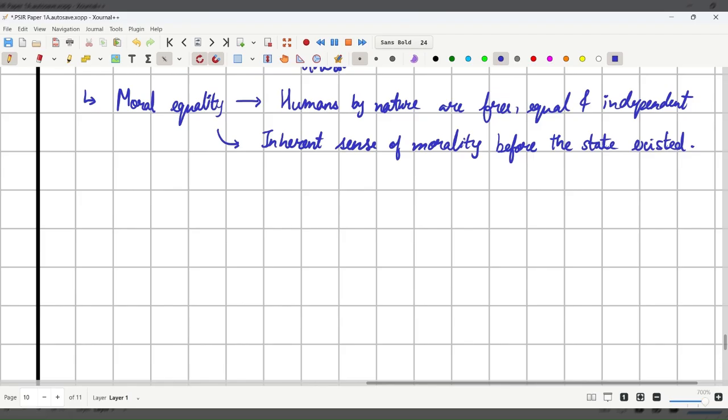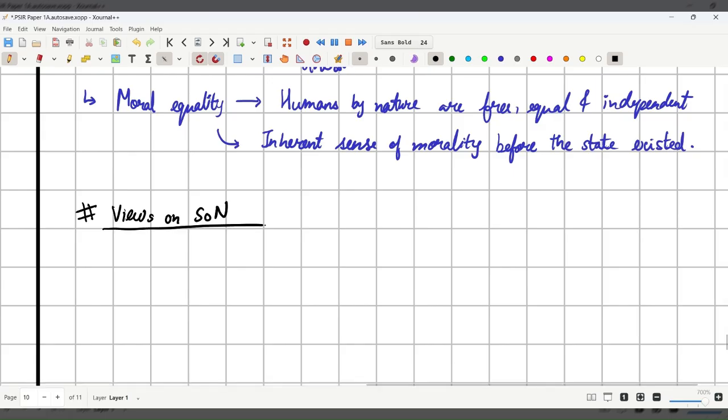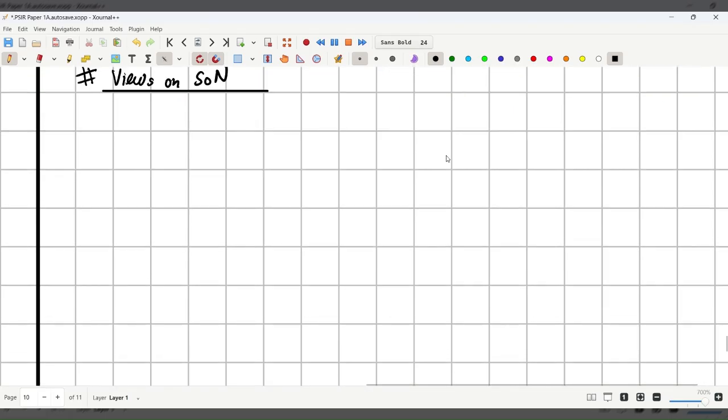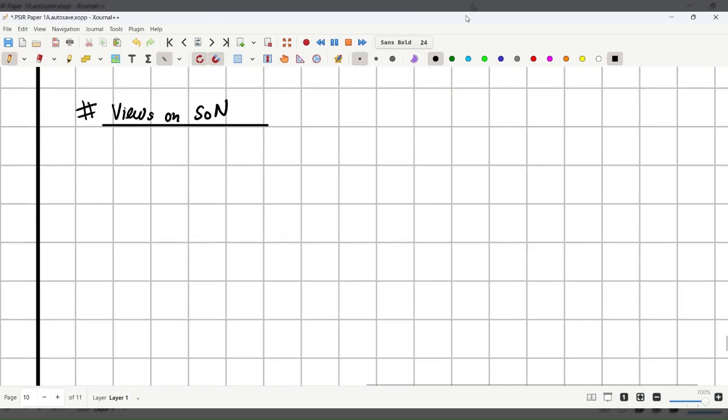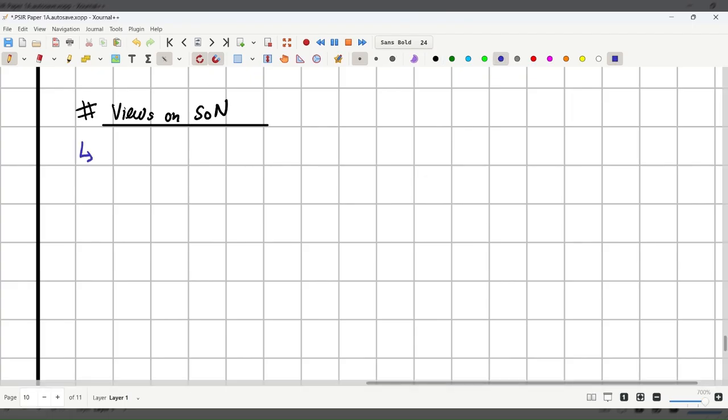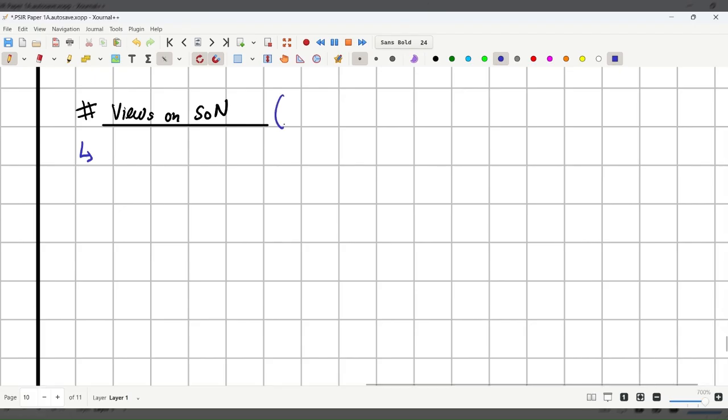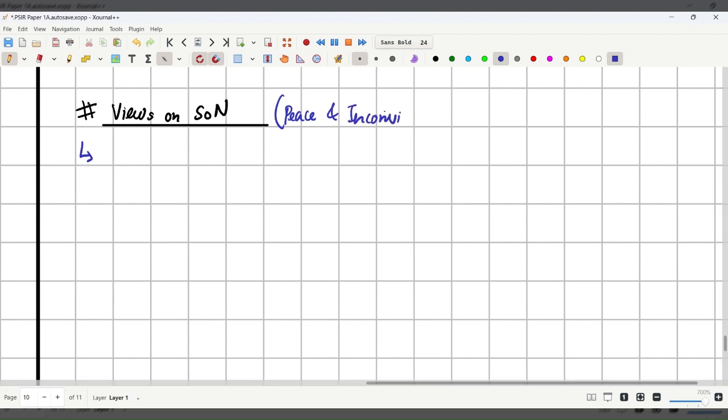Then we are going to read about his views on state of nature. Once we have understood his views on human nature, now we are going to understand his views on state of nature. The state of nature had both peace and inconvenience.